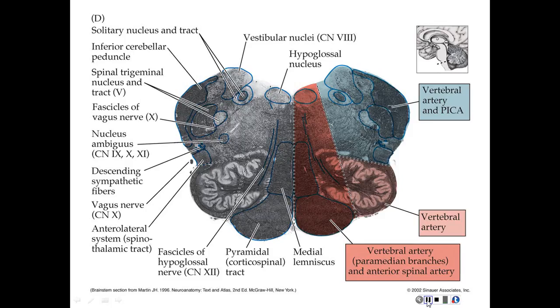That is, the axons in here are bringing the information from the opposite side of the body to the thalamus. So with an occlusion of this part of the rostral medulla, you're actually having a presentation of contralateral loss of proprioception.